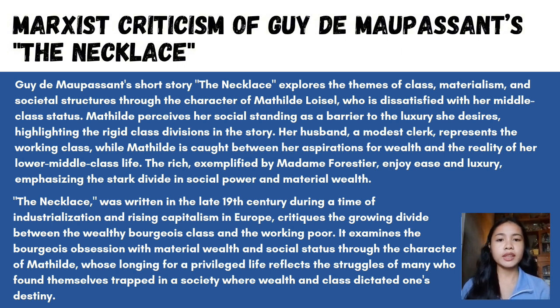So this story critiques this divide by showcasing Mathilde's obsession with material wealth and her belief that luxury equates with happiness. Moreover, her dissatisfaction reflects the social and economic tensions of the time, as the story addresses the inequalities and class struggles that were prevalent during this period.